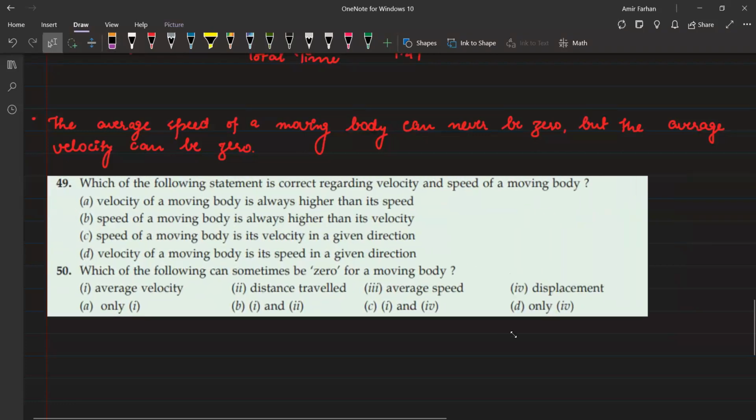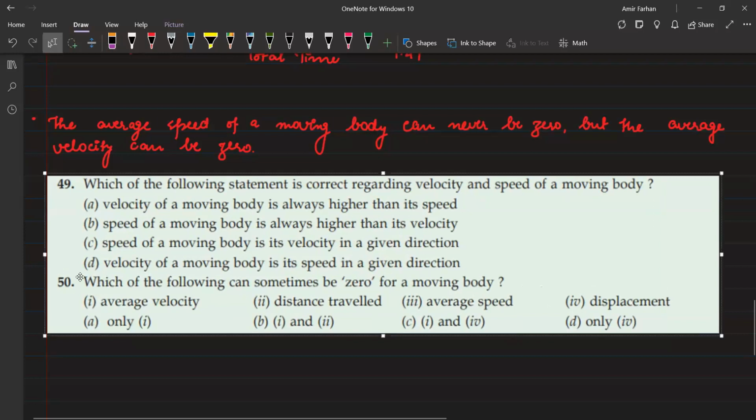These are the options for the 15th question, the A, B, C, D options. So the following is correct. Question 49 has only this option, but for the 15th, the main options are these. Let me correct your answers in the chat, if anybody gave me the answer for this.